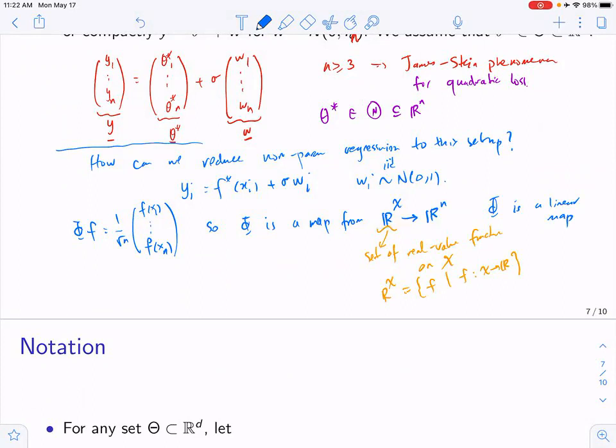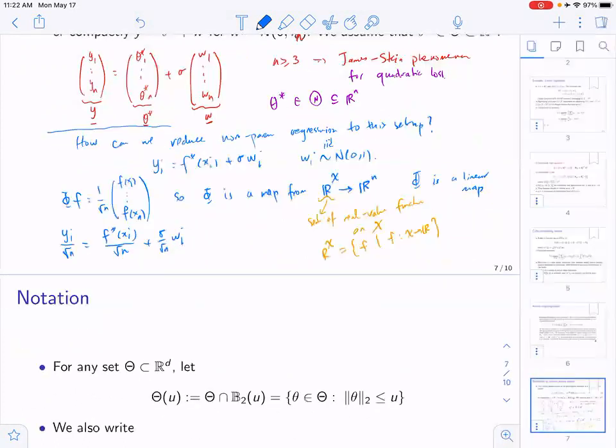Using this, I can look at y_i divided by root n. I can always rescale my observations.